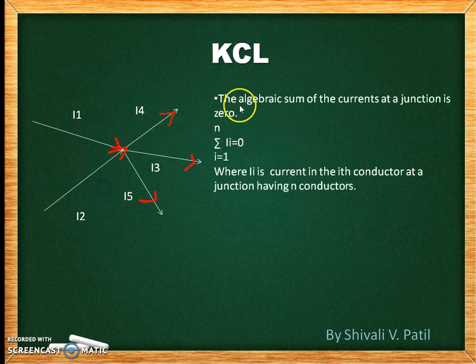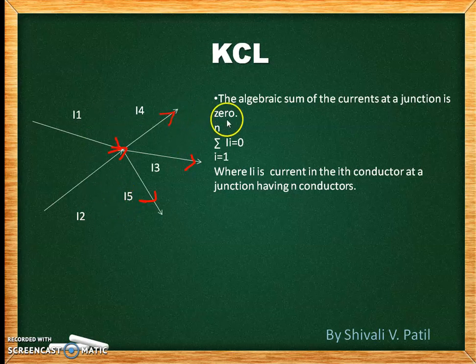The statement is: the algebraic sum of currents at a junction is 0. At this junction, the algebraic sum of I1, I2, I3, I4, I5 is equal to 0.